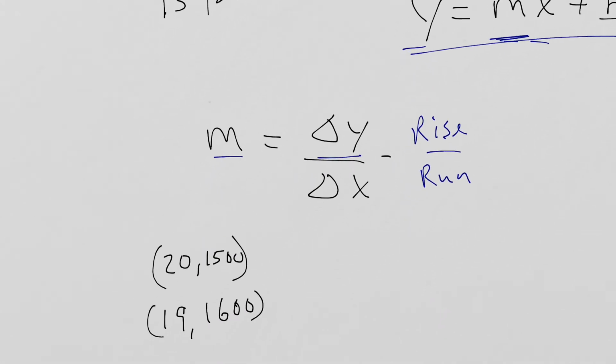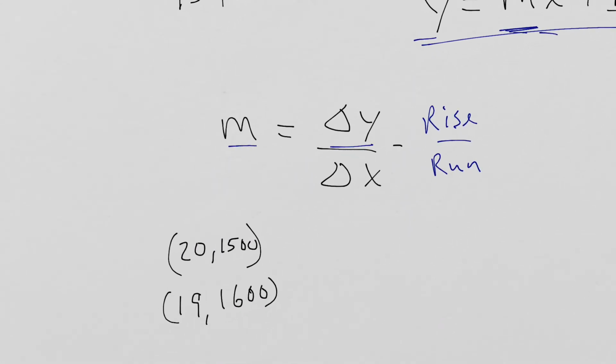The easiest way to do this is to pick 2 points, and if I'm going too fast, just pause the video, rewind, and watch those parts again. I want to try to keep these videos to about 5 minutes, so I'm going to probably speak pretty fast through these. So here's my first point, here's my second point. This would be x1, this would be y1. This down here would be x2, this would be y2.